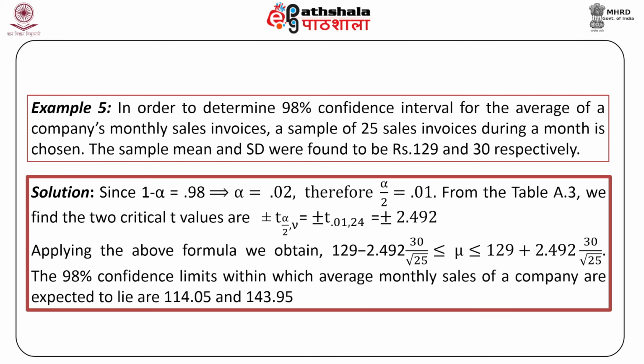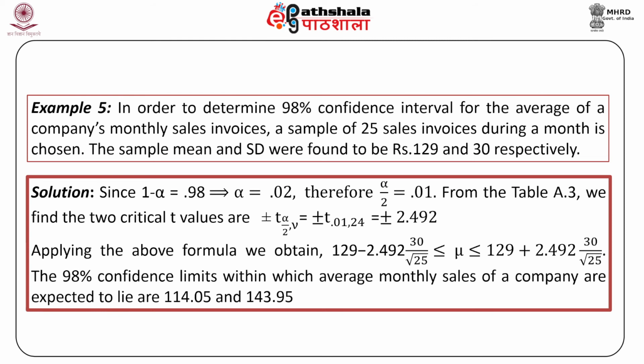Now, from table A.3, we find that the two critical t values are plus minus t alpha by 2, nu, and plus minus t 0.01, 24, because our nu is 24 and our alpha by 2, as we have said earlier, comes out to be 0.01. So this table gives us the corresponding value as plus minus 2.492.